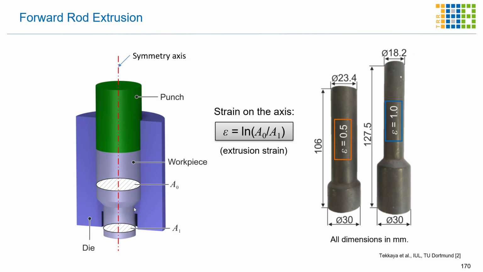Therefore, in the following, I would like to introduce how we could ensure that different parts have the same residual stresses, the same strain hardening, but different amounts of damage, so that we can say the part with more damage has a lower fatigue life performance, for example.